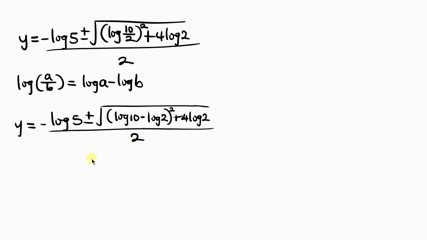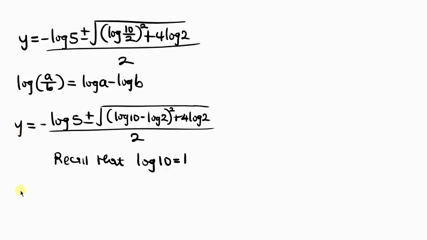Now we could also recall a law of logarithm which says that log 10 is the same thing as 1. So let's write 1 here instead of log 10 because they are actually the same thing.